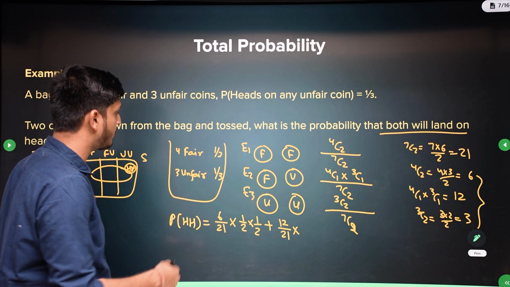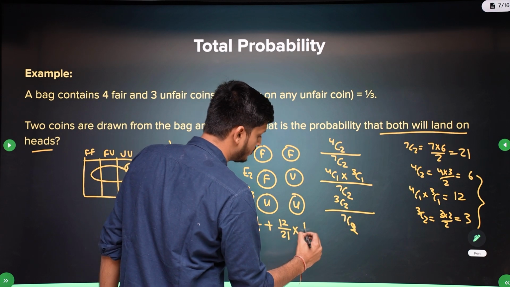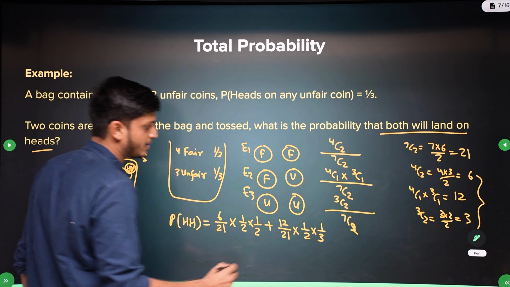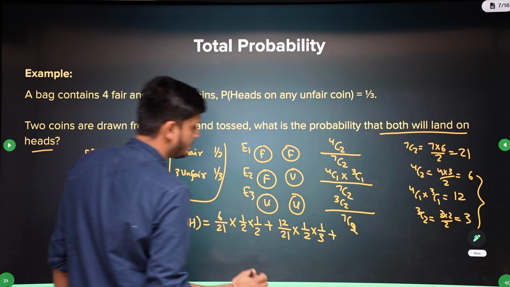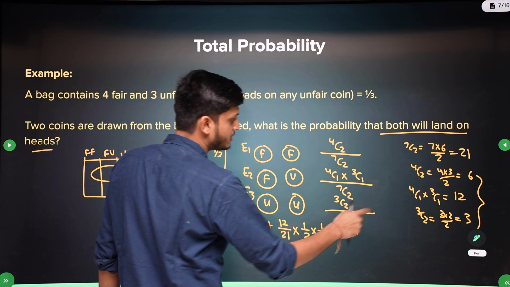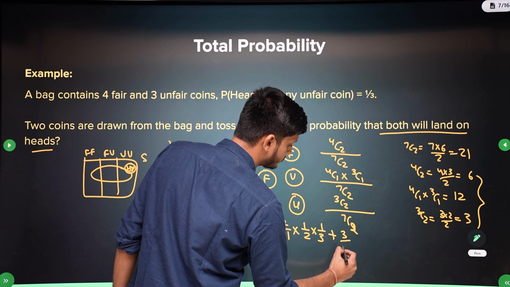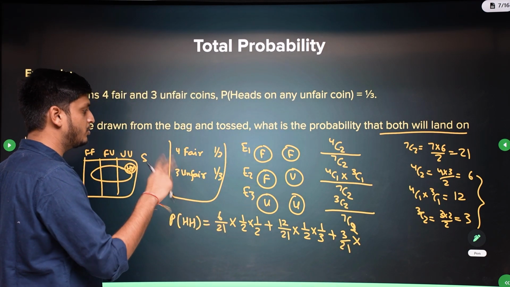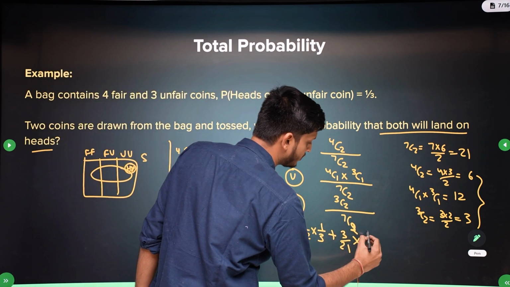On the fair coin, the probability of heads is 1 by 2 and on the unfair coin, the probability of heads is 1 by 3. Plus, if both of them are unfair, the probability is 3 by 21, times the probability of getting both heads, which is 1 by 3 into 1 by 3.